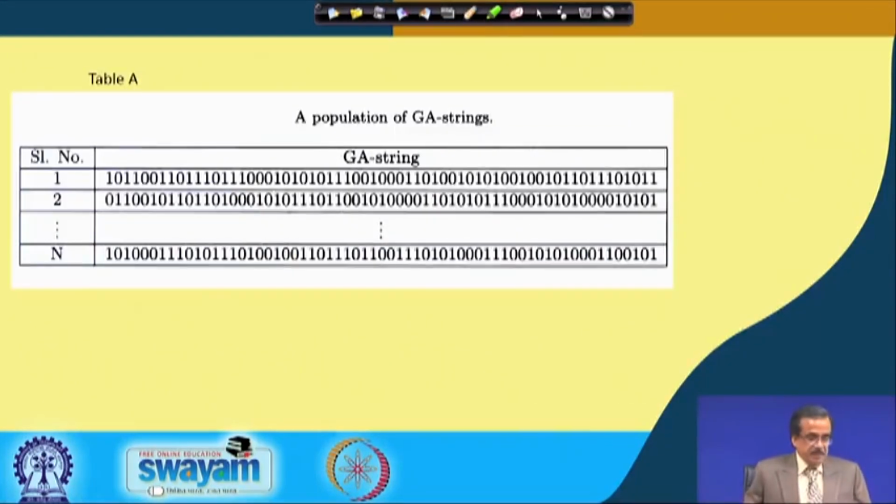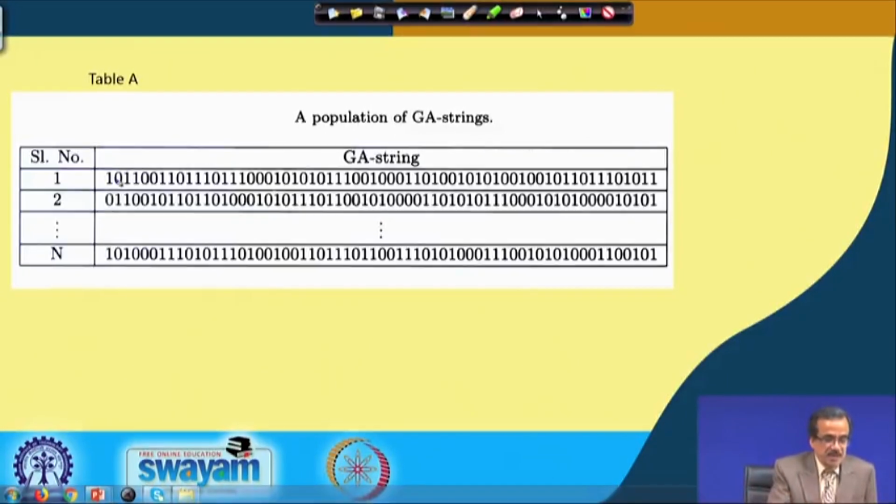Now, if you see the population of the solution, or the GA strings, each particular GA string will look like this. As I mentioned, it has 63 bits. This is nothing but the first GA string.